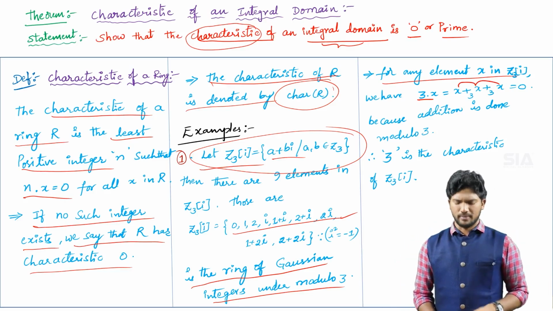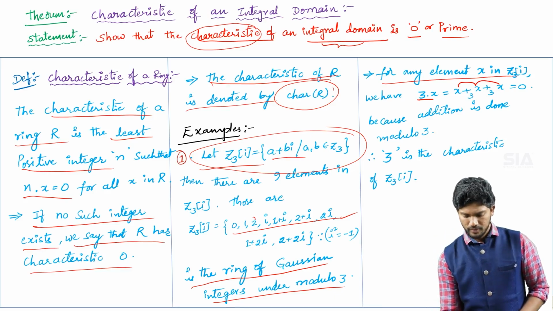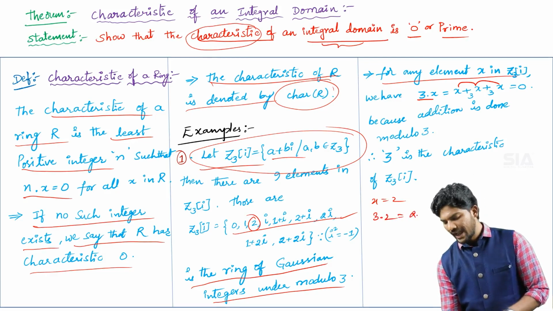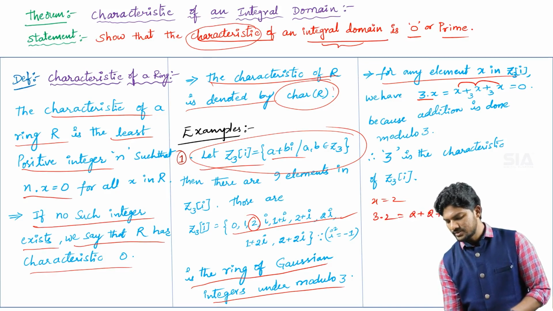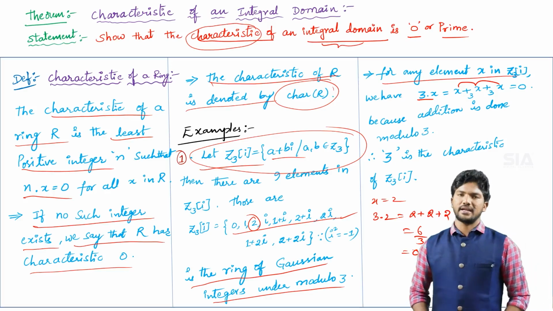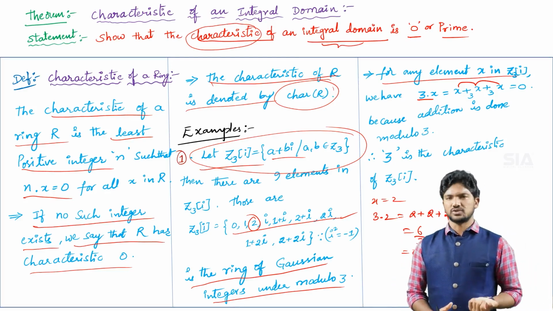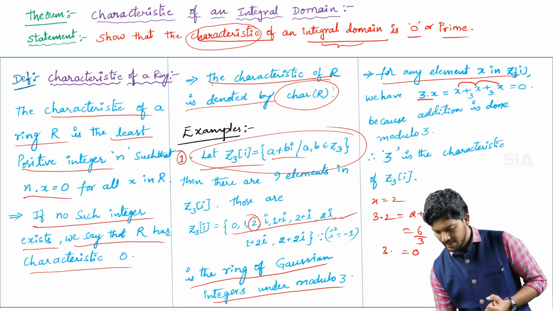You can take any number. For example, if you take x is equal to 2, and multiply with 3, 3 into 2 is equal to, you have to add 2 three times, that is 6. Under addition modulo 3, 6 by 3 is remainder 0. So 3 into 2 is 0.